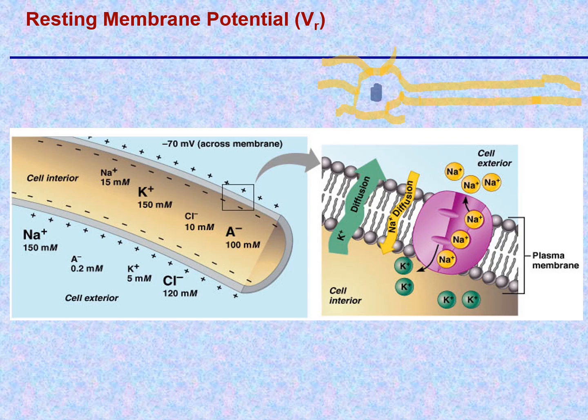The nucleus is here in the main cell body. And in this diagram on the left side, they've cut a cross section through an axon. So they're showing this extension of the neuron, but the main point of the diagram is to show the separation of charge and concentration of different ions, charged molecules.